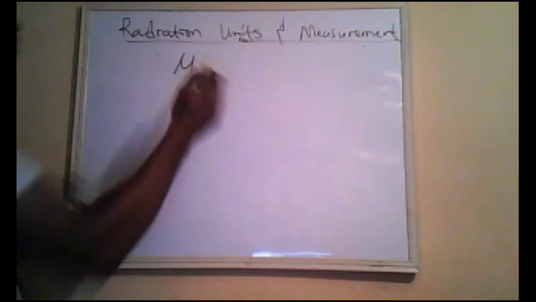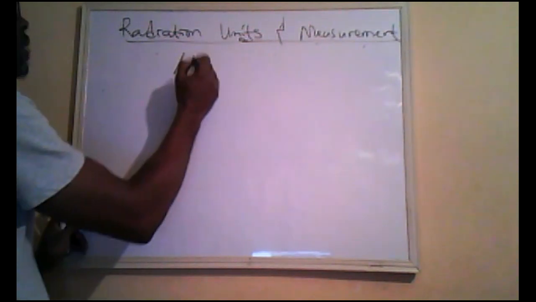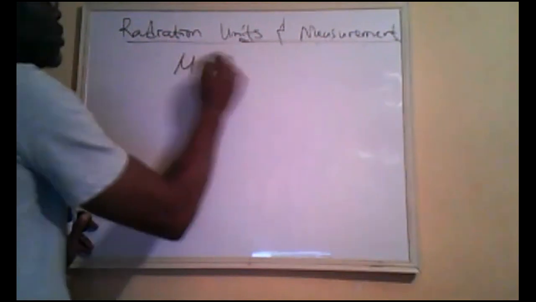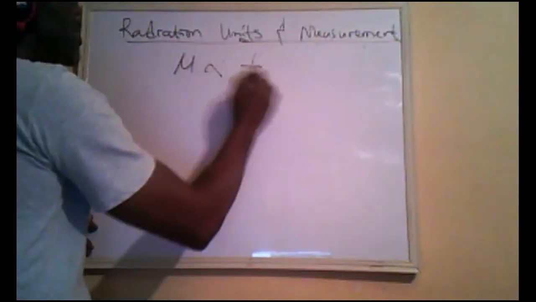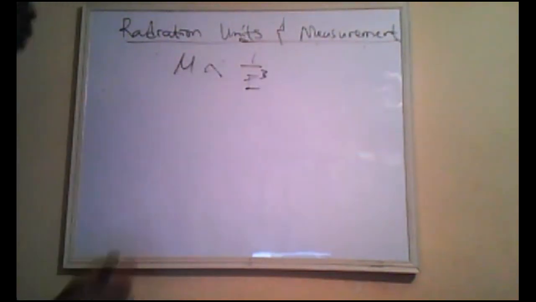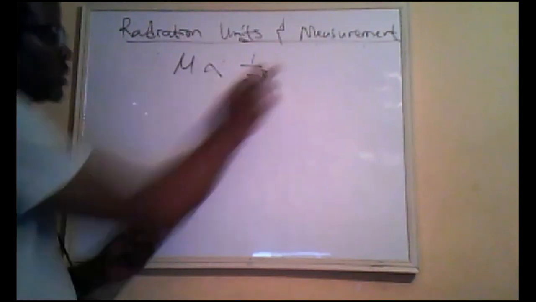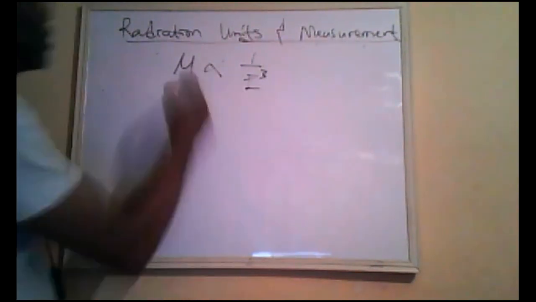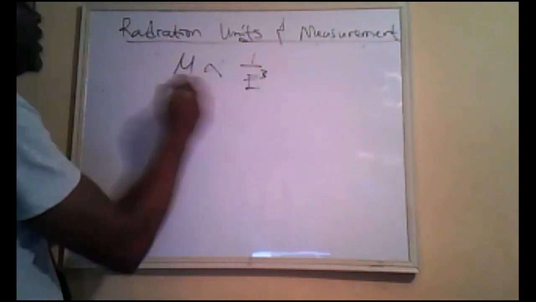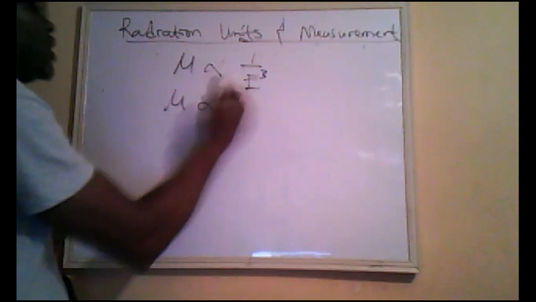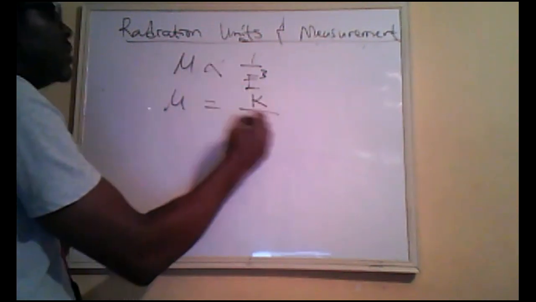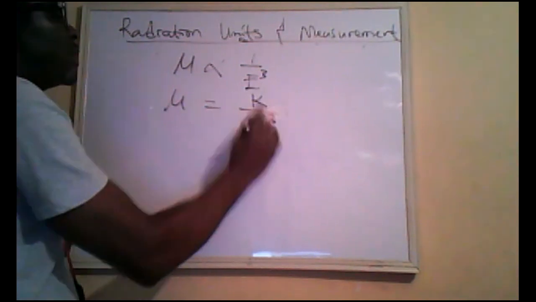So you have a mass attenuation coefficient. U is directly proportional to energy raised to the power 3. That is for the photoelectric effect. For the Compton effect, it is simply 1/E. At a particular energy, if you introduce a proportionality constant, U is that constant times E raised to the power 3.